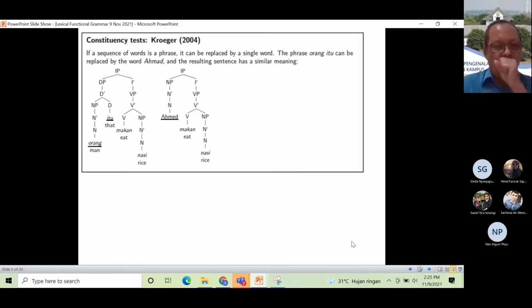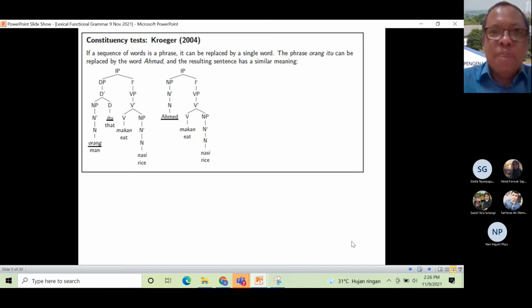And then, as I mentioned last time, there are some constituent tests that we can use to show the phrase, what we call a constituency test. In addition to the tests that I already explained last week, there are some other tests offered by Kruger, saying that if a sequence of words is a phrase, it can be replaced by a single word.